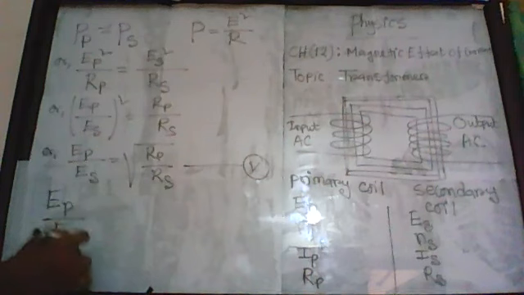Boys and girls, if you consider equations 3, 4, 5, then the general formula of a transformer is EP divided by ES equals NP divided by NS equals IS divided by IP equals root over RP divided by RS.